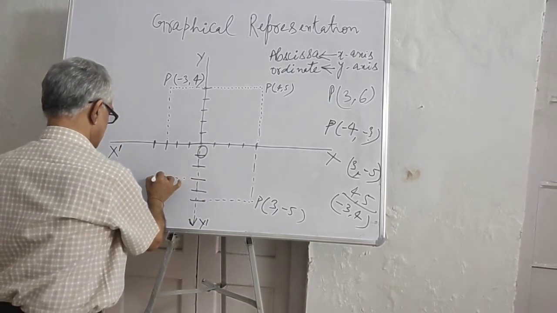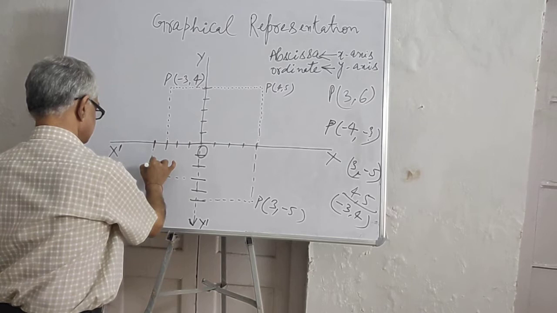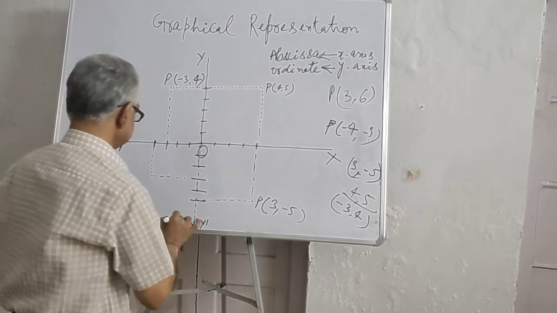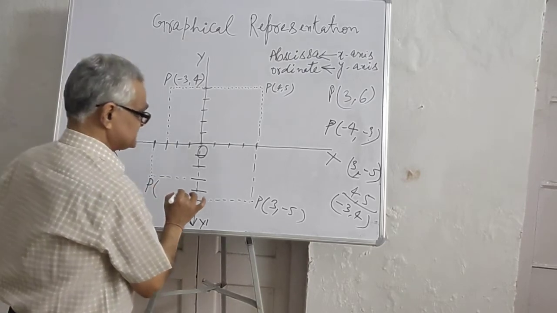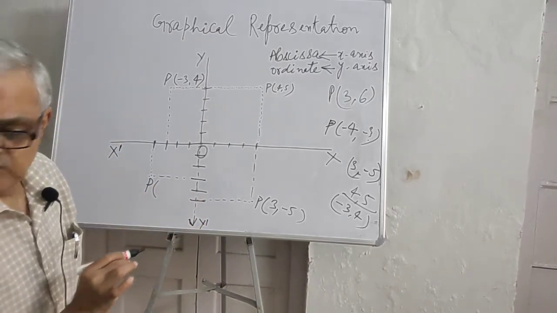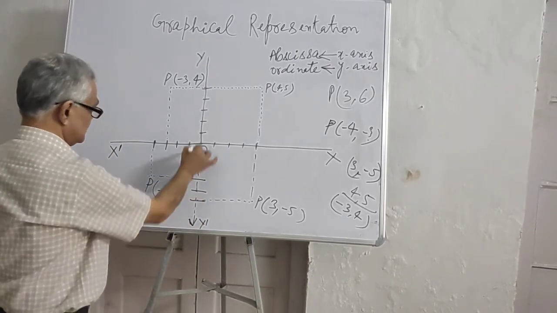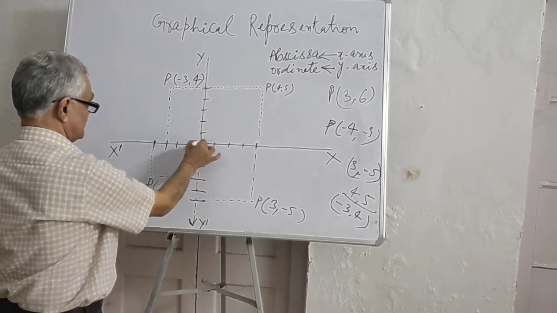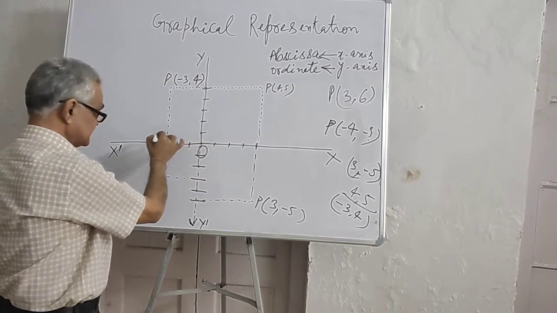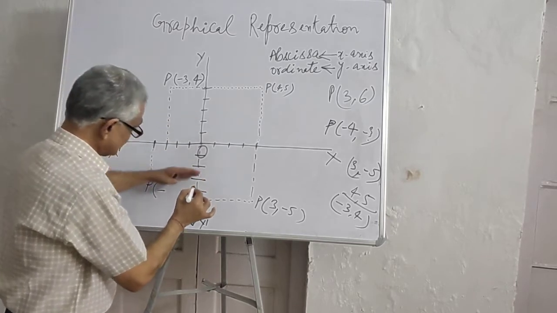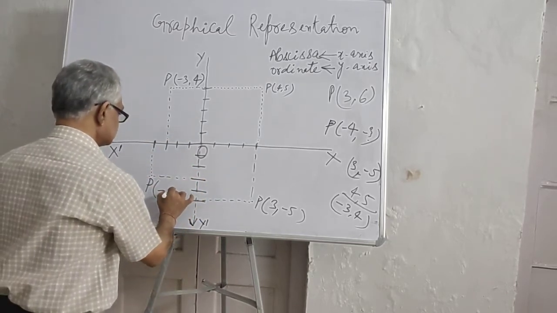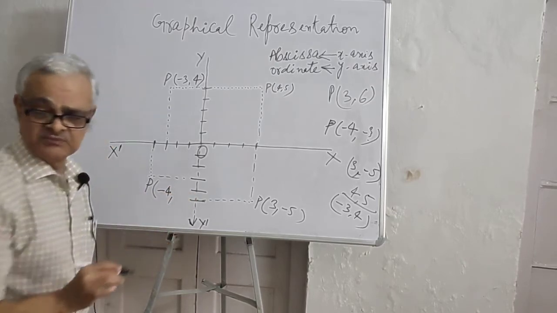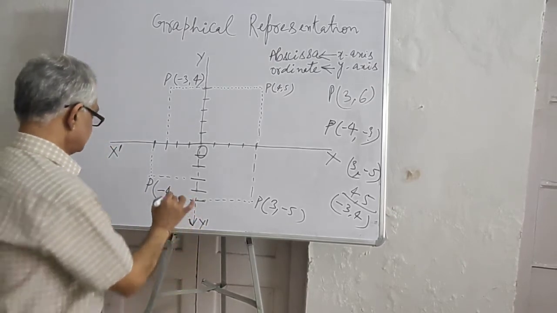So the point where we get a cut point, that is P -4 and -3. 1 2 3 4 माइनस x का लेफ्ट साइड में और y का माइनस डाउनवर्ड. So this is -4 and minus 3.